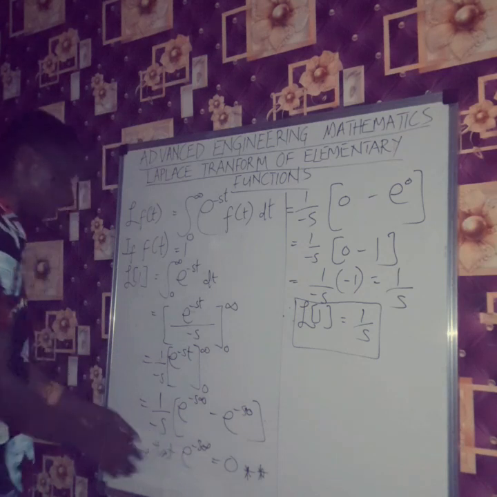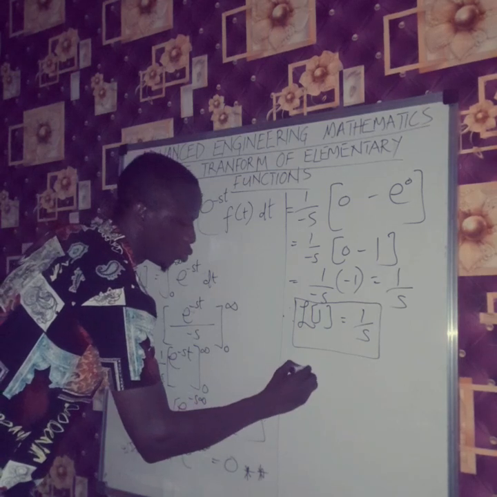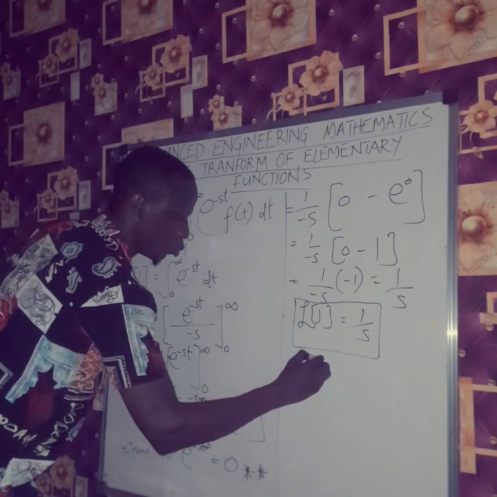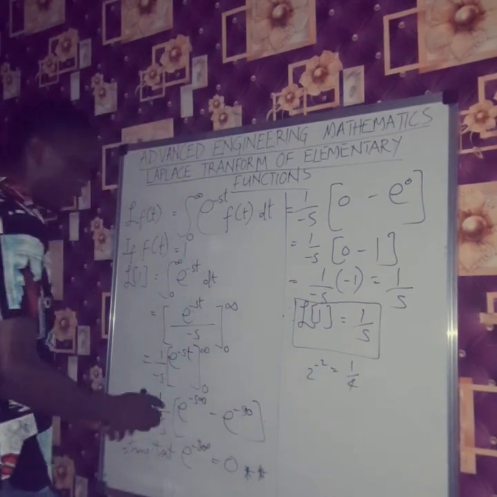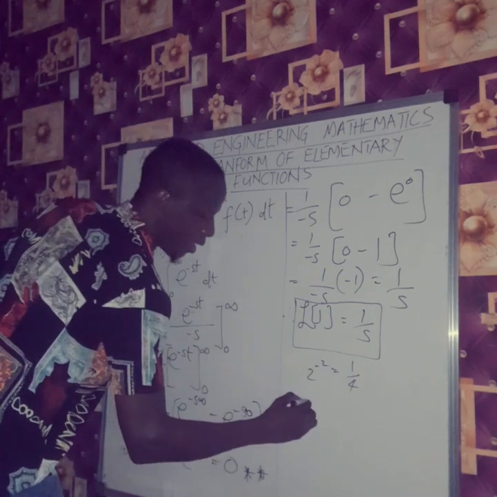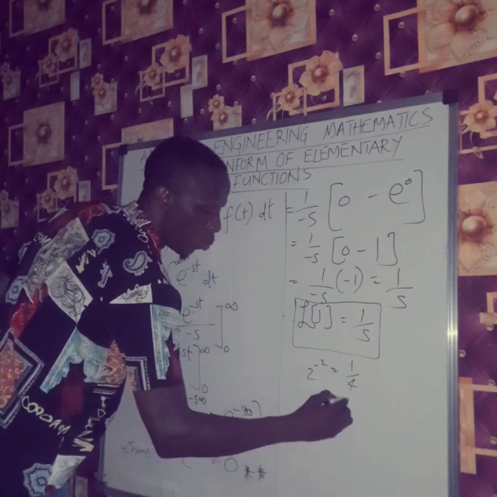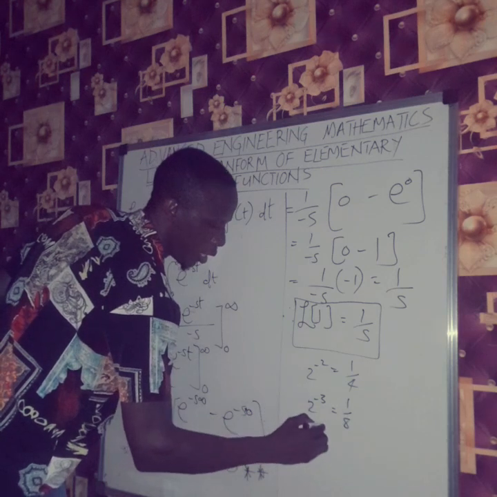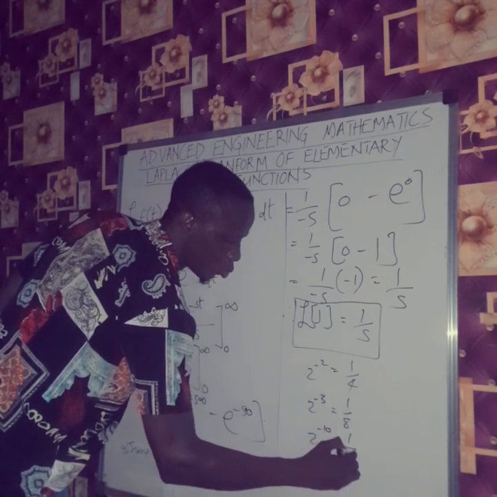I'm going to explain this for those that don't understand me. Let me say 2 raised to the power minus 2 is equal to 1 over 4. But if the numbers begin to increase, toward infinity, let's say 2 raised to the power minus 3 will give you 1 over 8. 2 raised to the power minus 10 gives you 1 over 1024.